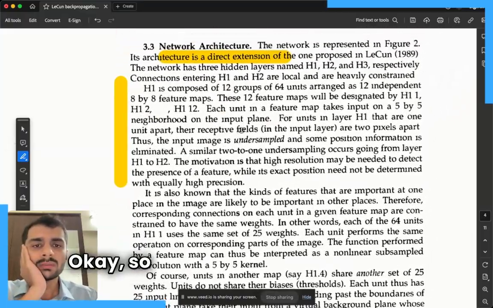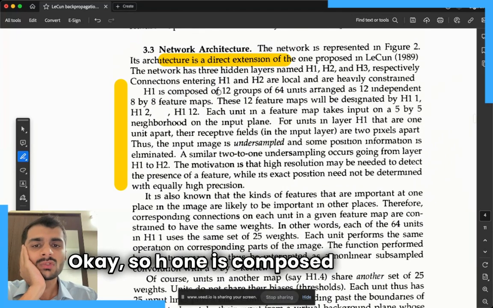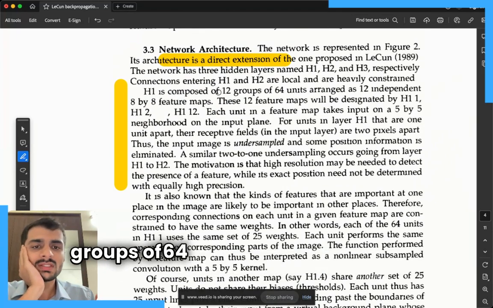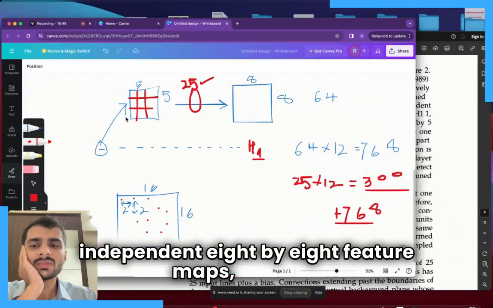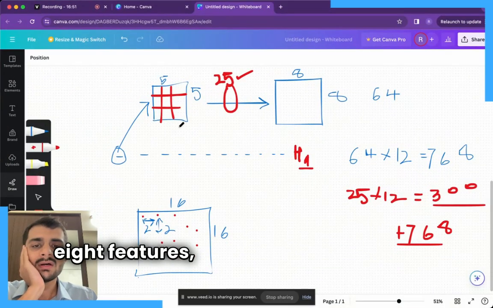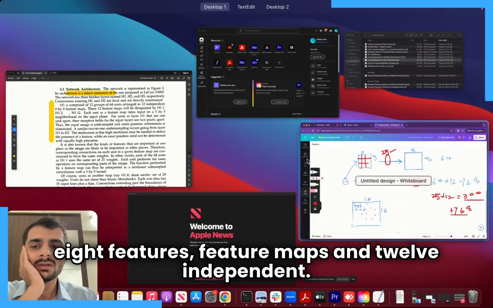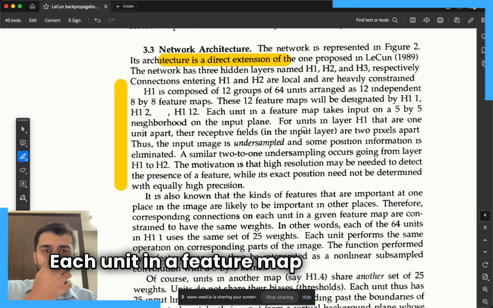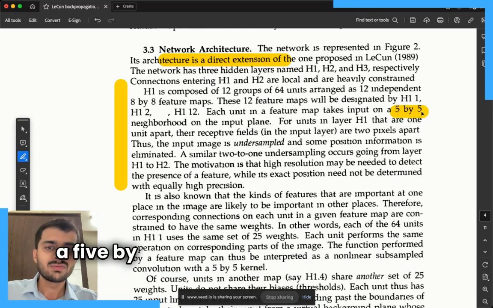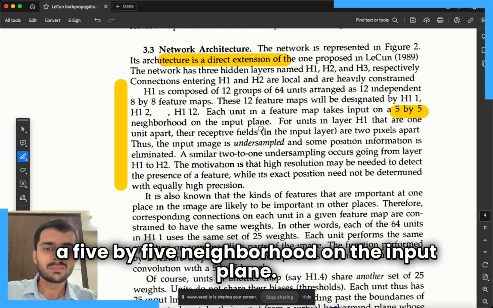Okay, so H1 is composed of 12 groups of 64 units each, arranged as 12 independent 8 by 8 feature maps. 8 by 8 feature maps and 12 independent. Okay, that makes sense. Each unit in a feature map takes input on a 5 by 5 neighborhood on the input plane.